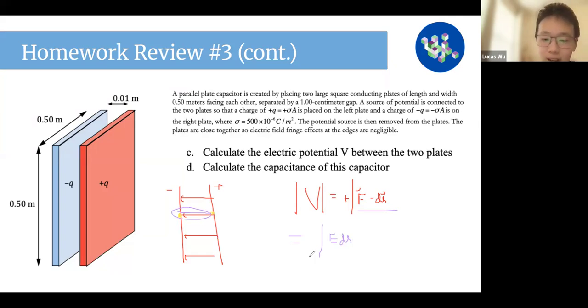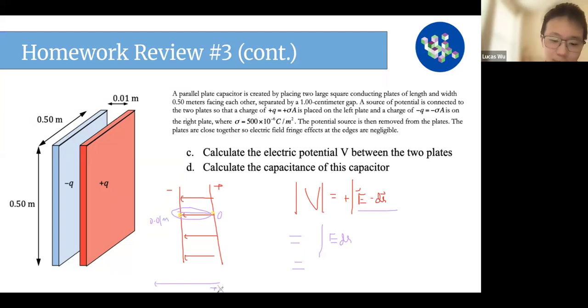And remember, I found that E is sigma over epsilon 0. So my integral will be from, if I let this be x equals 0, and this will be 0.01 meters. This means the positive x direction would be in this direction, which is okay.